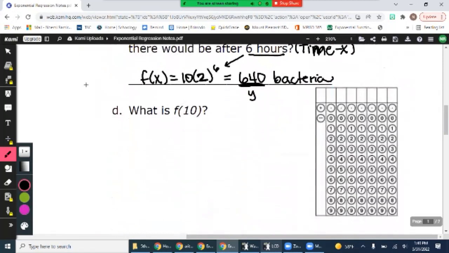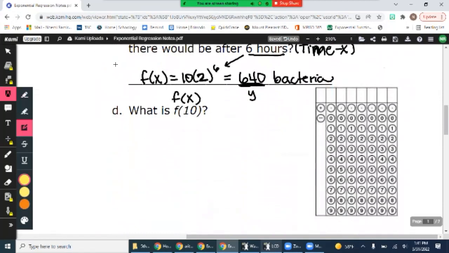D is another form of asking you for a y value. It's still asking the same thing, just differently. Anytime you see f of something, in your mind you should automatically be thinking the words f of x.